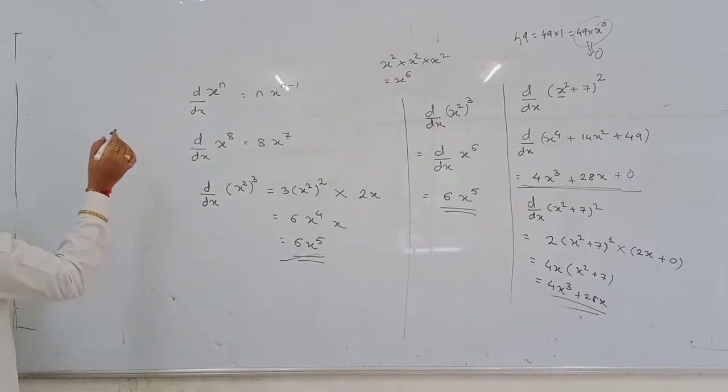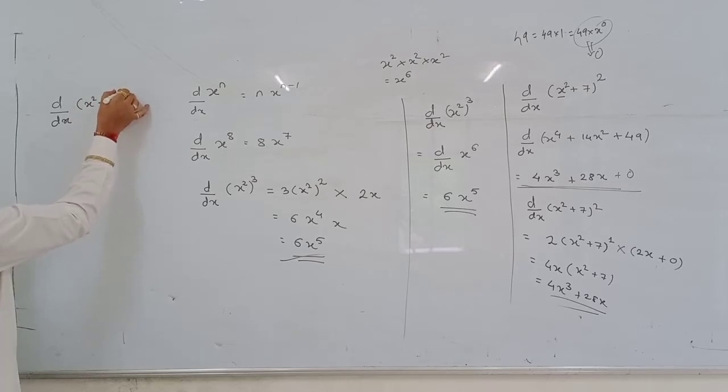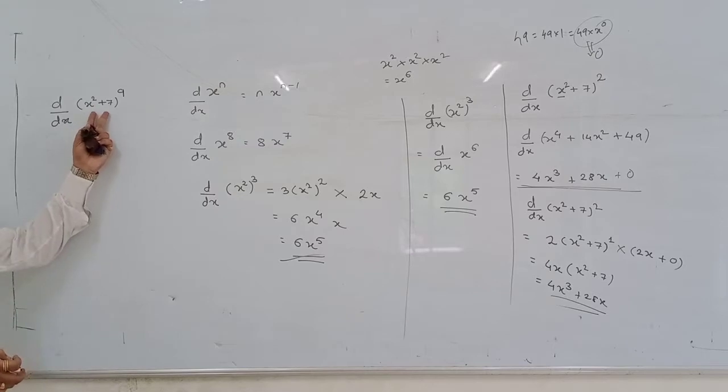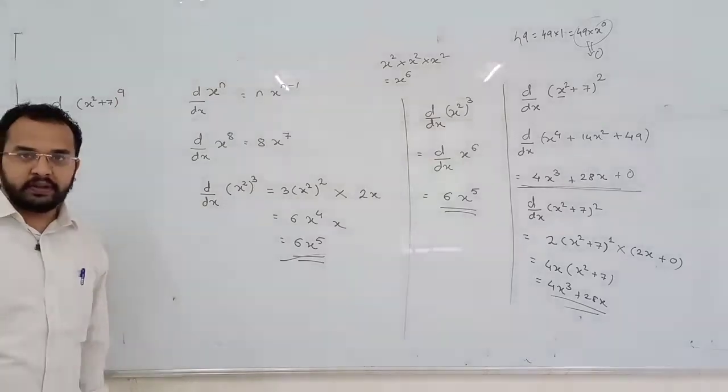Suppose in place of 2, we have the differentiation of (x square plus 7) to the power 9. Can you open this bracket? (a plus b) to the power 9, you can't open.